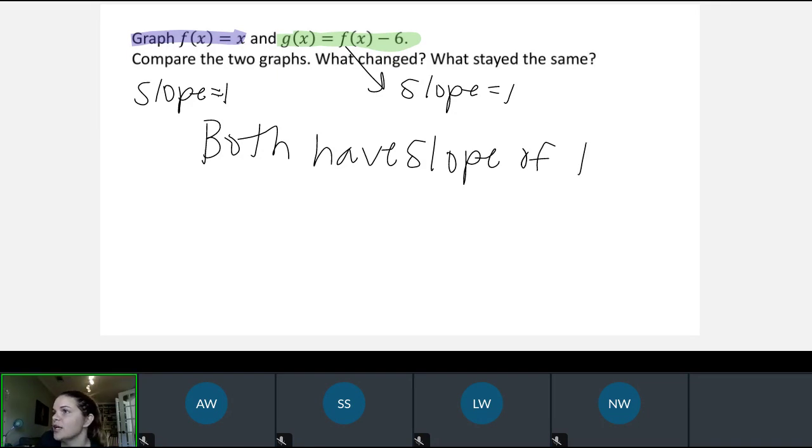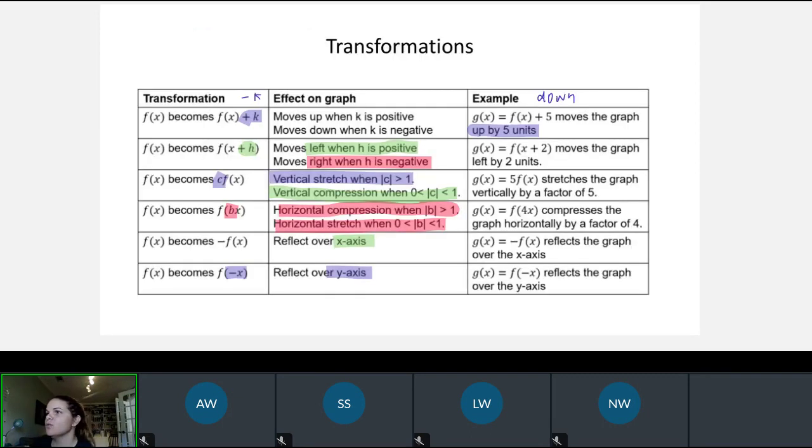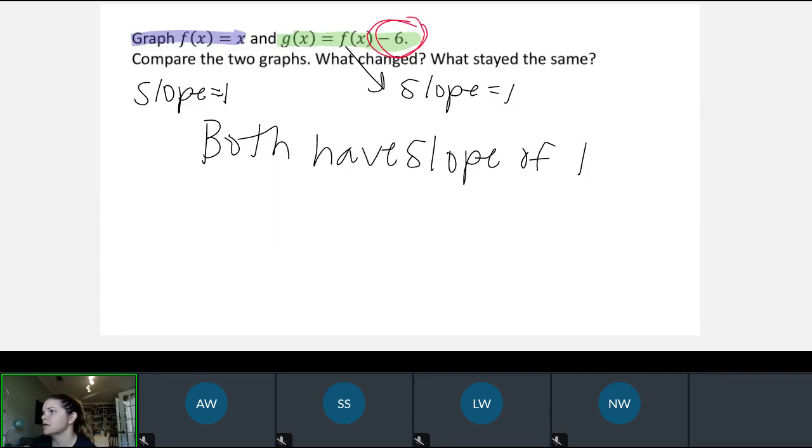But what has changed is this subtracting 6, and we subtracted 6 on the end of it. So it wasn't inside the parentheses with the input, it was this one, this top one. Okay. K was negative, so it's moving down that many units.